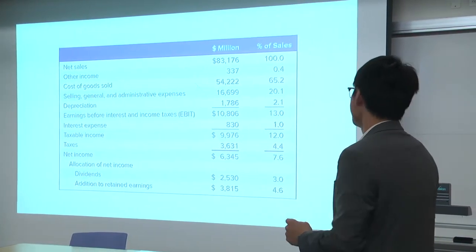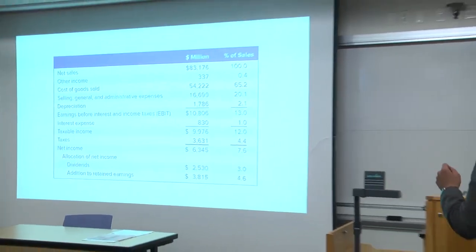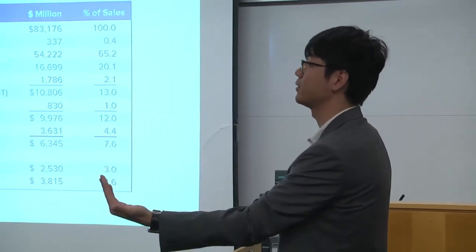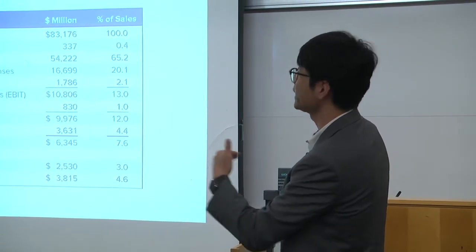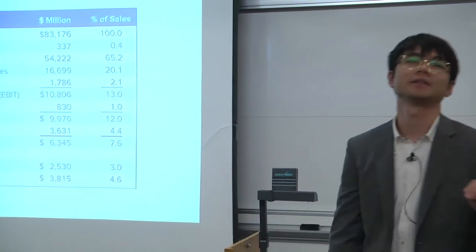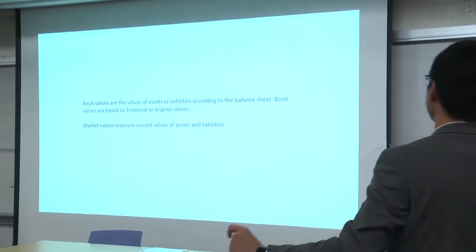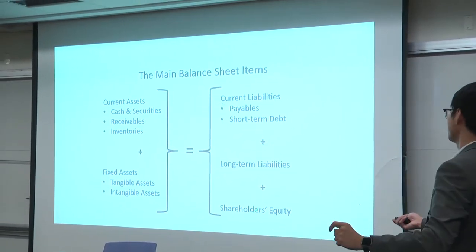Your net income will be separated into dividends and addition to retained earnings. Dividends are what we give back to the investors. That's how much we're distributing back to the investors, the cash flow we give back to the investors. Then the retained earnings will be retained in shareholders' equity. On the balance sheet, you will see retained earnings in the shareholders' equity.